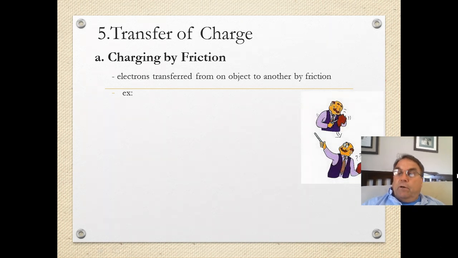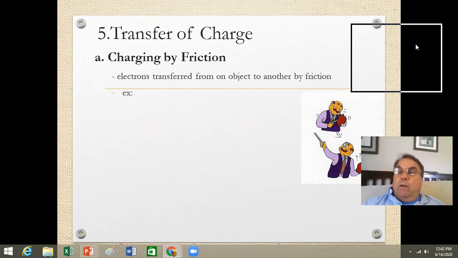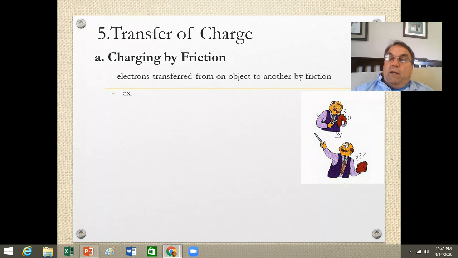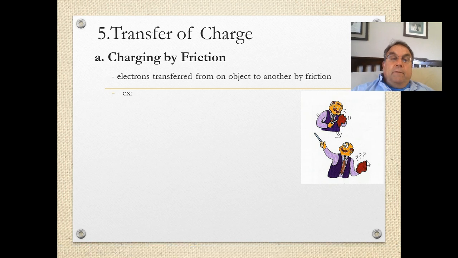The lab you're going to view, a fur pelt or a cloth can be rubbed on either a rubber rod or a glass rod or a comb, and then a charge is conferred from the cloth or fur to the rod. So if the rod has a net charge, then so does the cloth.